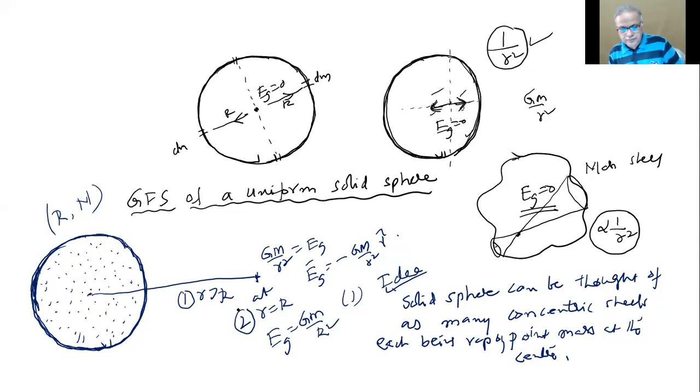Should I continue? Aryan, are you listening? Yes, sir. So as this keeps happening, you should all the time think that if it is told that somewhere inside it is 0, it's going to be used somewhere. If it is told that it acts like a point mass, somewhere it is going to be used. So I want this to settle in your mind in a proper way.